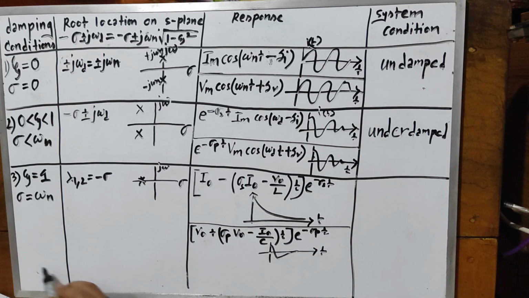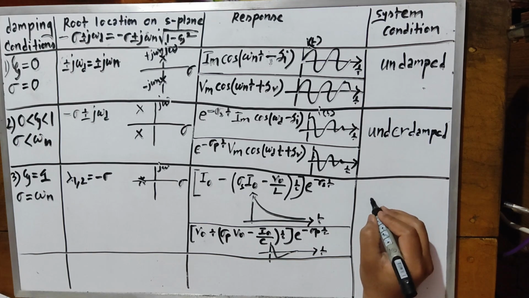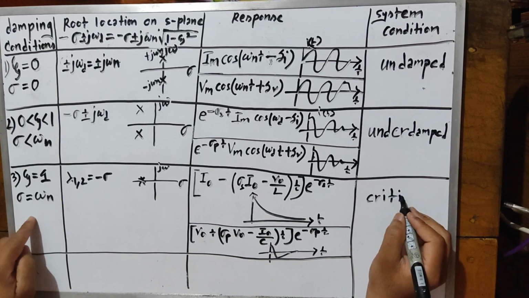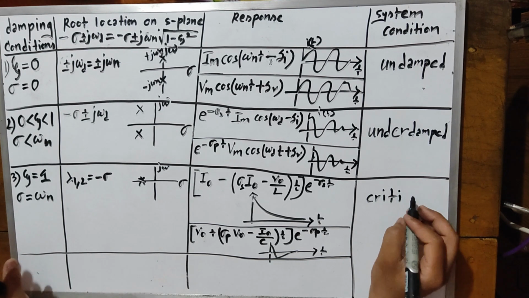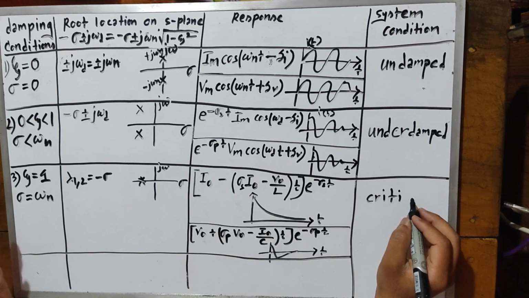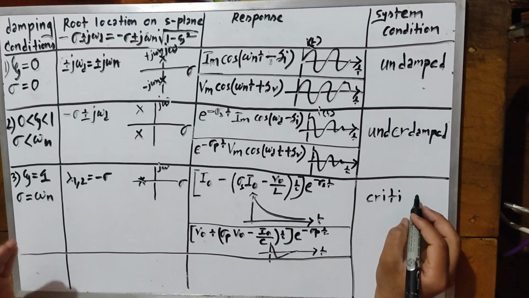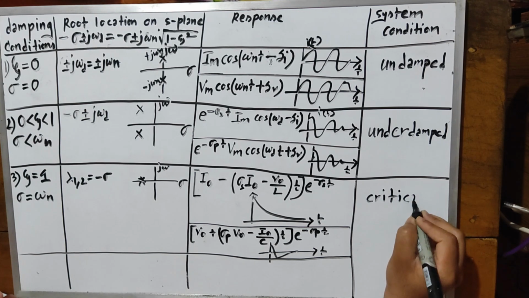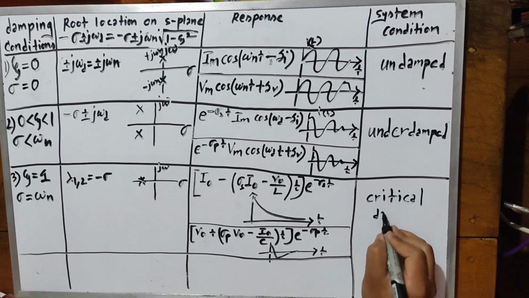This type of system condition is critically damped, where the Napier frequency is just equal to the oscillating frequency, balancing it out. So this is critical damping.